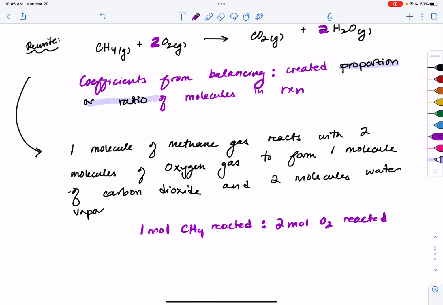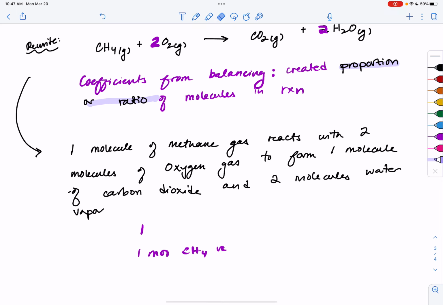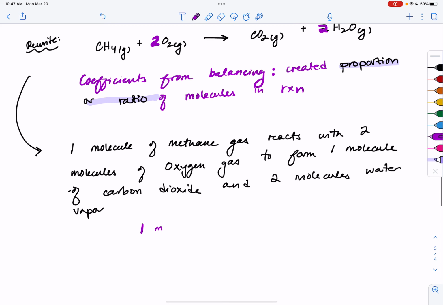I can also say something like for 1 mole of methane, I'm jumping ahead of myself, molecules, change all the molecules. So for 1 molecule of CH4 reacted, that requires 2 molecules of oxygen gas.